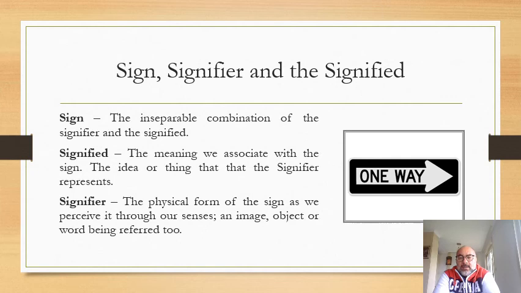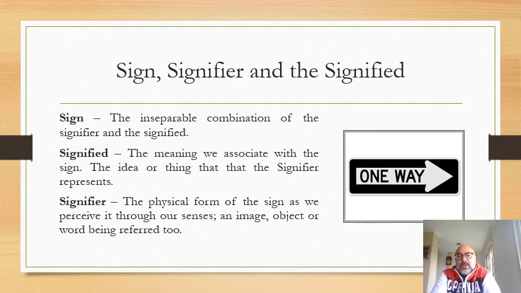So the three entities we use while taking this cultural artifact or literary artifact that contains meaning are sign, signified, and signifier. Now the sign is the inseparable combination of the signifier and the signified. Because this is a self-descriptive term, we have to look at what the terms signified and signifier mean.